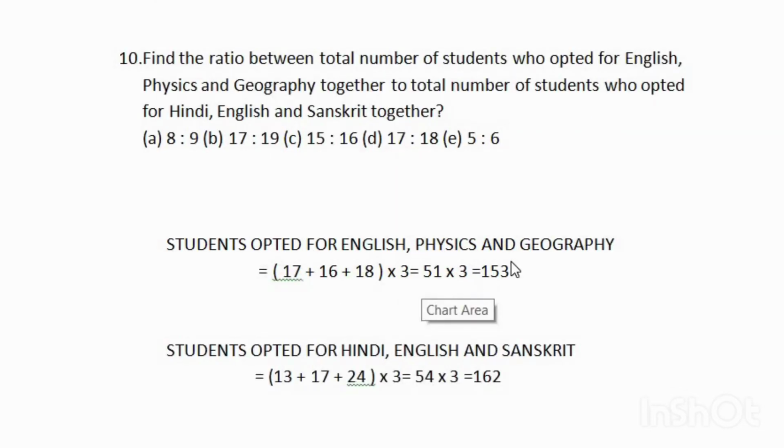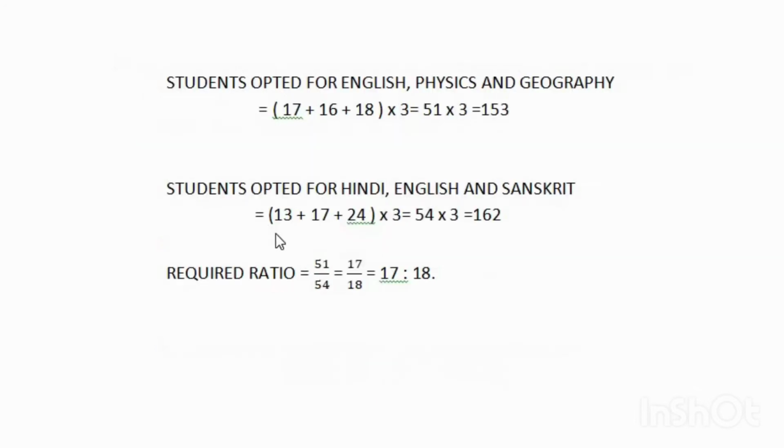So our question is to find the required ratio between these two numbers, right? So the answer is 153 is to 162. But I have written here 51 by 54. Do you know why? Because there is no need to multiply this 3 and this 3 in these two cases. Why?